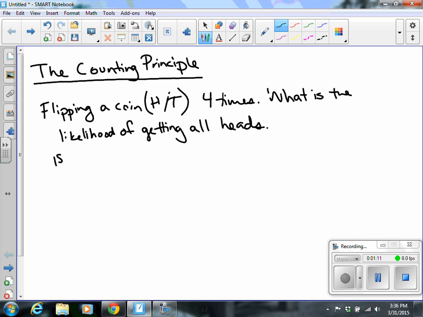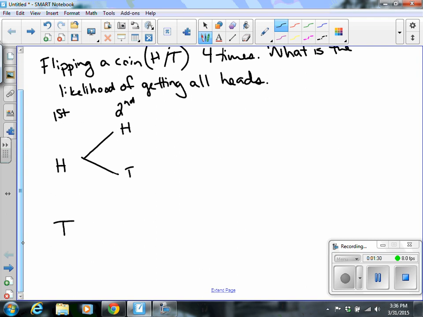So I'm going to have the first flip. I can have either a heads or tails. For the second flip, well, if I say, for instance, I flip a head the first time, then I still have the option of a heads and a tails. And the same thing applies for the tails. I could have a heads or a tails. Notice, this is kind of like a fractal.